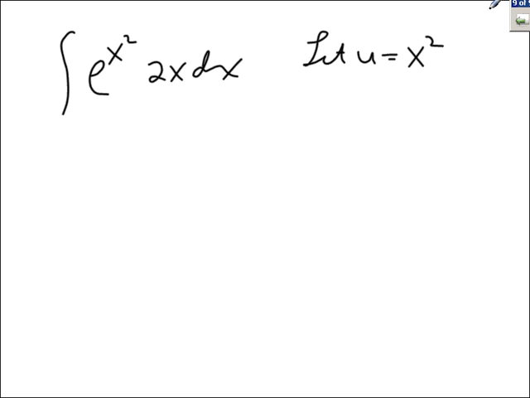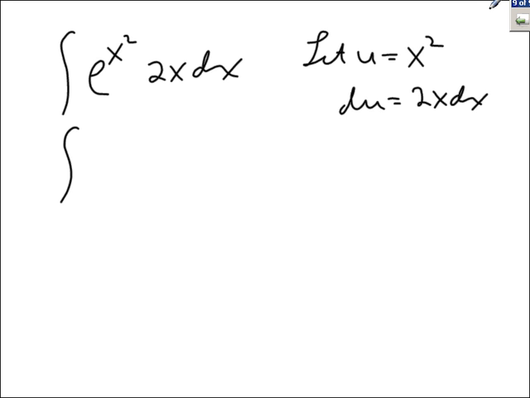You have the integral of e to the x squared times 2x dx. Generally, if I have a problem that has an exponential on e, I let u equal the power. If I let u equal the power, well then du will equal 2x dx.